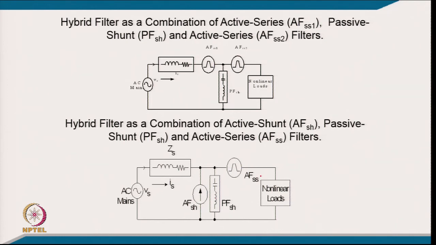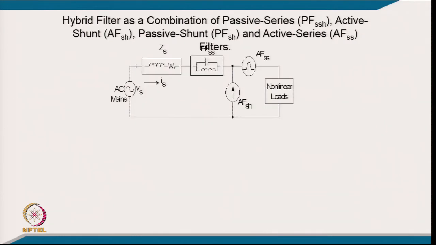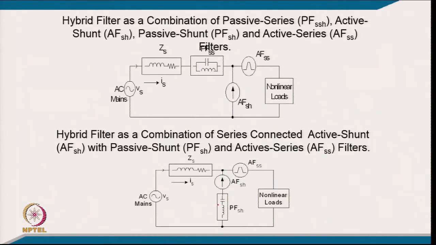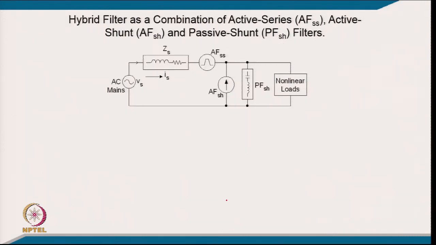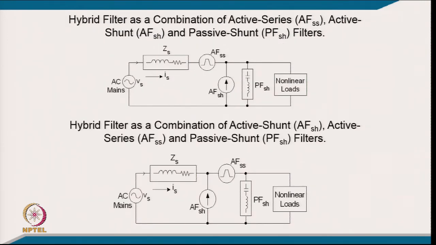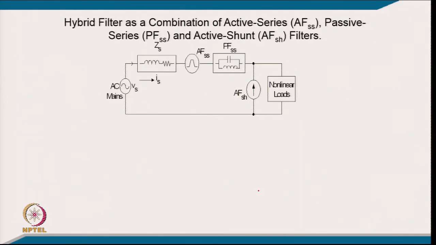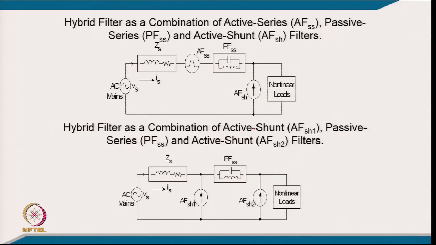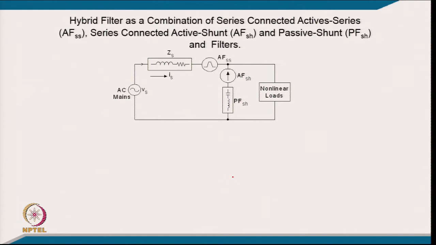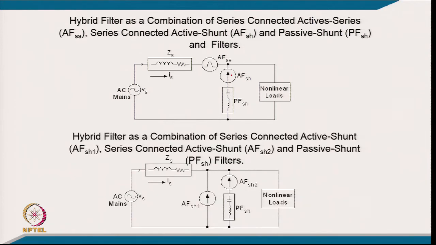So, that the ratings are reduced. Or you can have two active with this passive here, then active shunt with this, and then its active series. That is for voltage fed kind of load, and this can make the passive filter effective. Or two active with one passive, or two active with another configuration of putting series on this side, or active shunt with the series passive also, and two active with the passive and shunt mainly with a small series, and a small series and a small shunt here also.